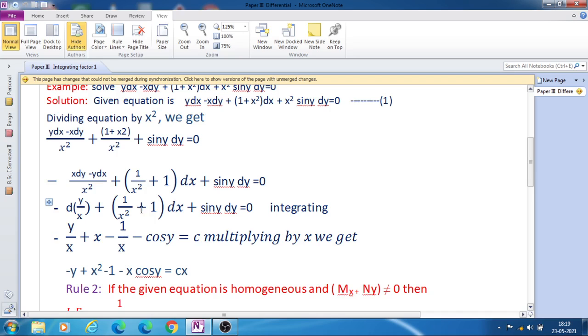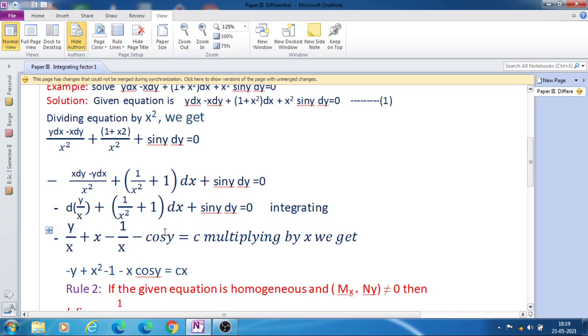Here the integration of 1 dx is x, and minus 1 upon x. Here the integration of sin y is minus cos y, and it is equal to 0, so we take the constant of integration c.